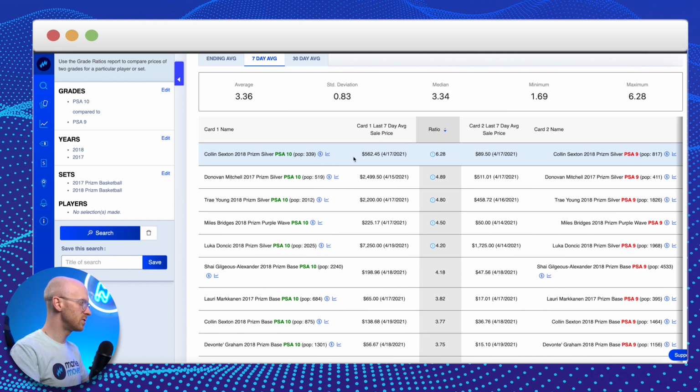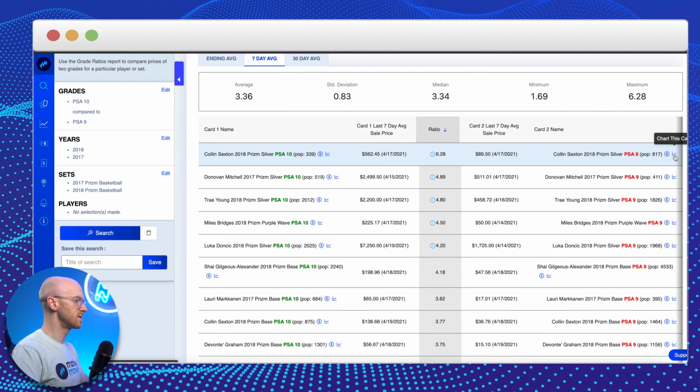So 6.28 on his silver, $562 for the PSA 10, which honestly seems low to me. But then $89.50 for his PSA 9 silver, for one of the most dynamic scorers from that rookie class, even from the last few years of rookie classes.